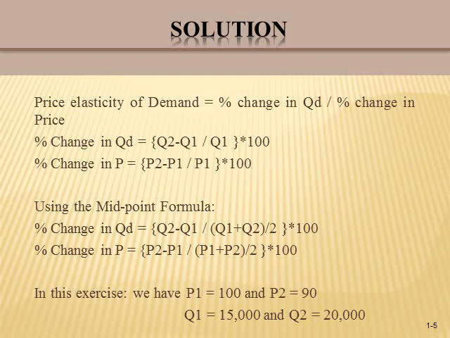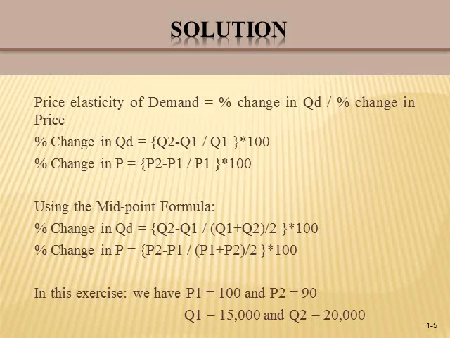At the same time, we can use the midpoint formula. When using the midpoint formula, it will be different from the first one, because the midpoint formula is a more precise way of calculating the percentages, using the value halfway between P1 and P2 as the base for calculating the percentage change in price, and also the value halfway between Q1 and Q2 as the base for calculating the percentage change in quantity demanded.